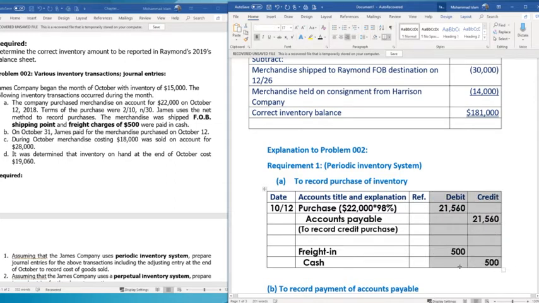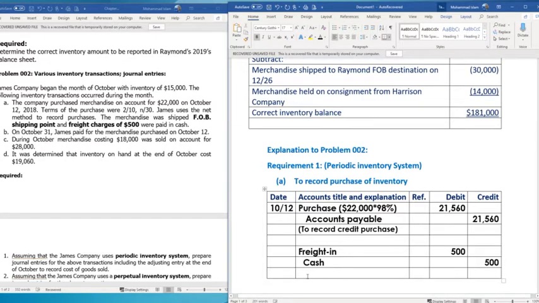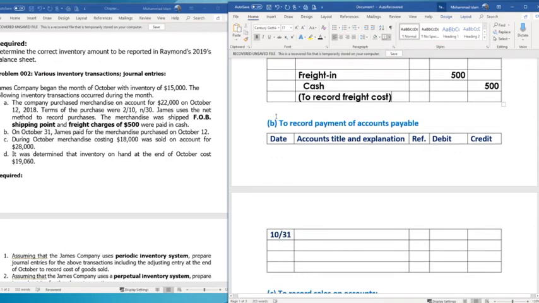I hope you got it. So this is to record freight cost.